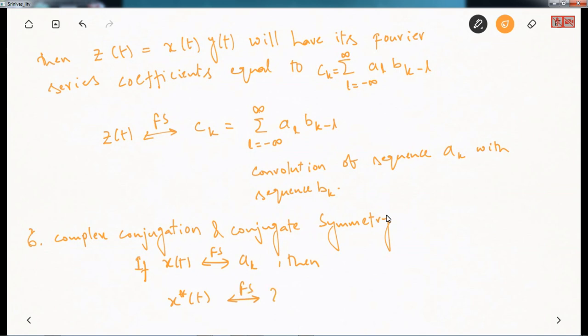We have x of t, which can be complex or real valued. If we know the Fourier series coefficients of a given signal, and we take the complex conjugation of the signal, how do we obtain the Fourier series coefficients? It's again very simple to derive. So let us see this.